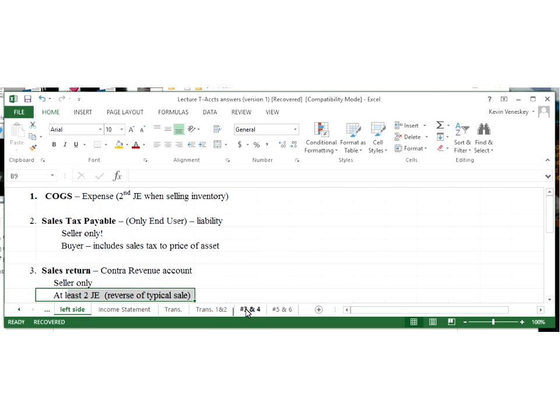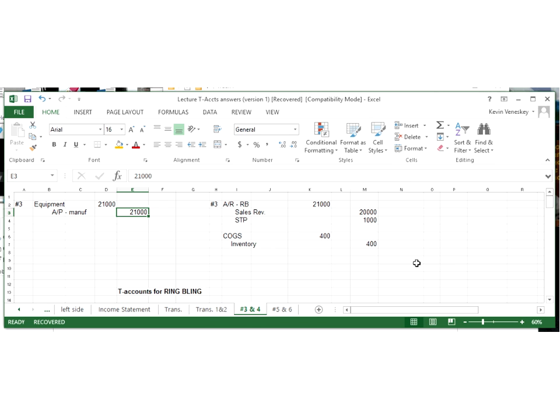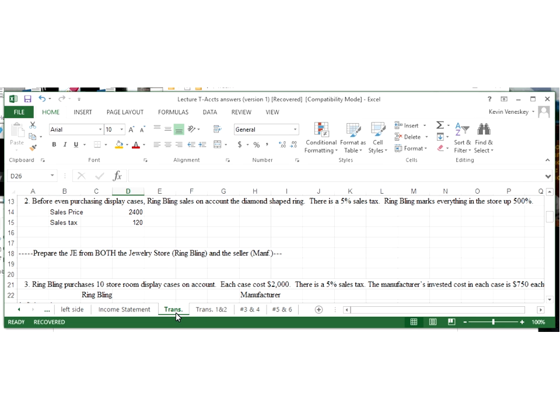But when you're the buyer, all you're simply doing is reversing your original purchase. My original purchase when I was the buyer said I bought equipment and I credited the account payable showing I owed money. So now when number 4 comes along and I'm giving back a piece of the equipment, let's actually write it out.